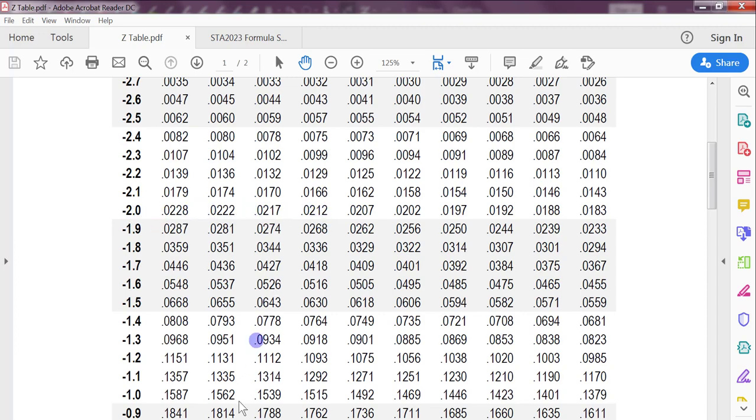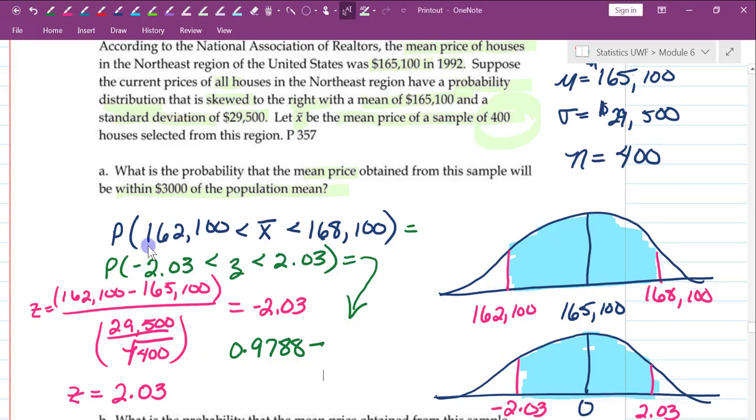So it's 212, so 0.0212. We're going to throw that in our calculator, and I'm going to find out that 0.9788 minus 0.0212 is equal to 0.9576.